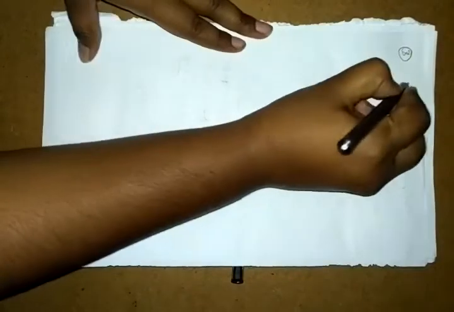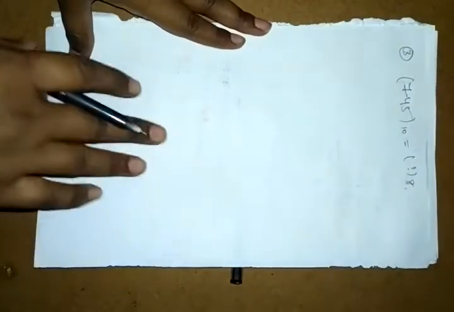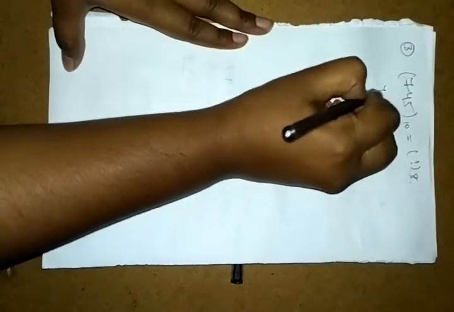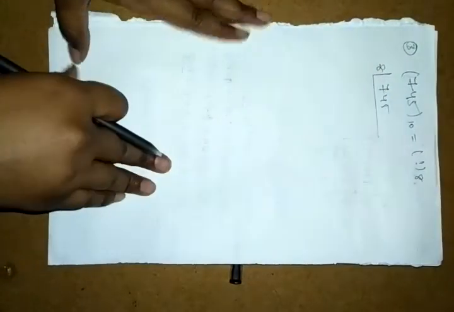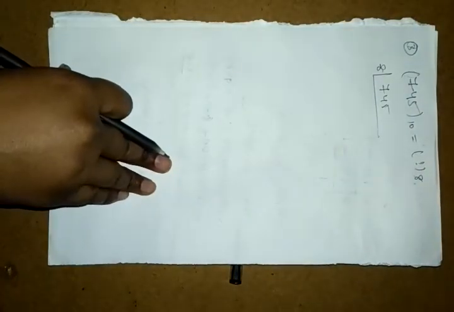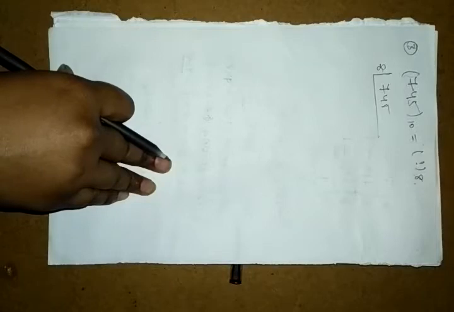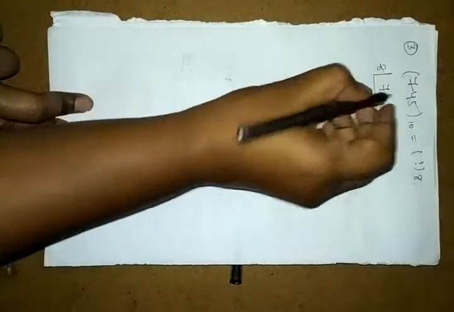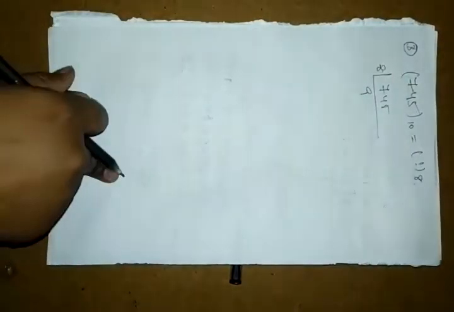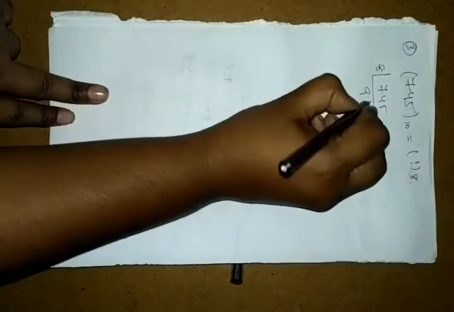Okay, this is base 10 and you can convert this into base 8. 7 4 5, divide by 8. Okay, 8 9s are 72, means here we'll get the 2 left. 8 3s are 24, 1 left.